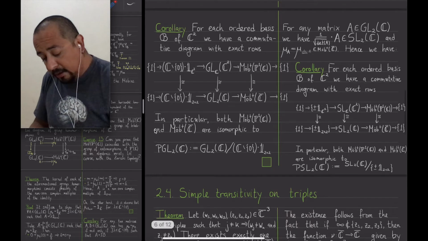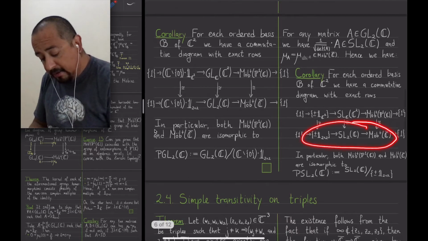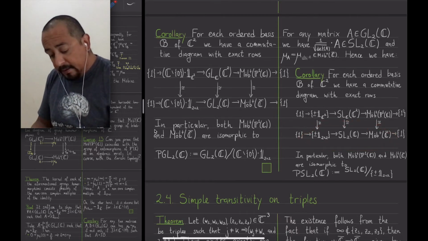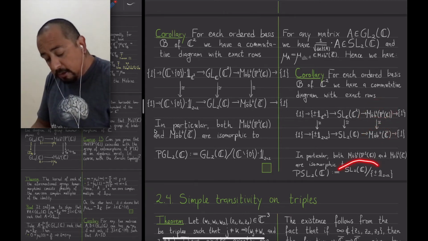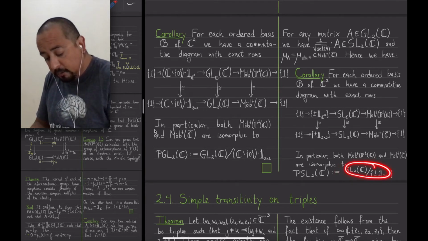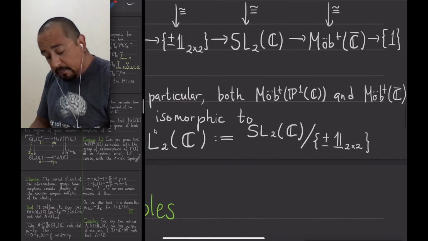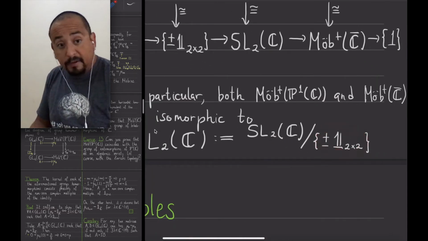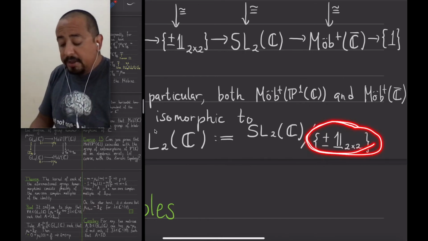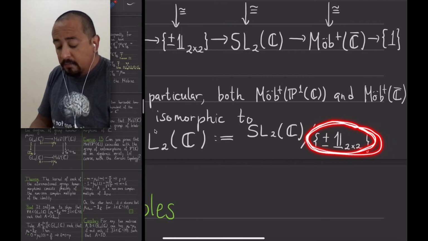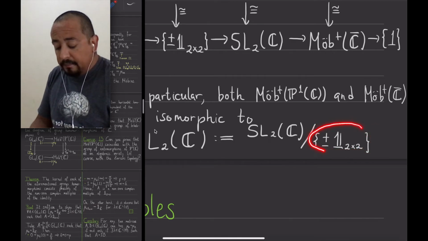Okay, and from here we see that both of these groups are isomorphic to this quotient, which is somehow simpler or easier to deal with, because here the group by which we mod out is very small.